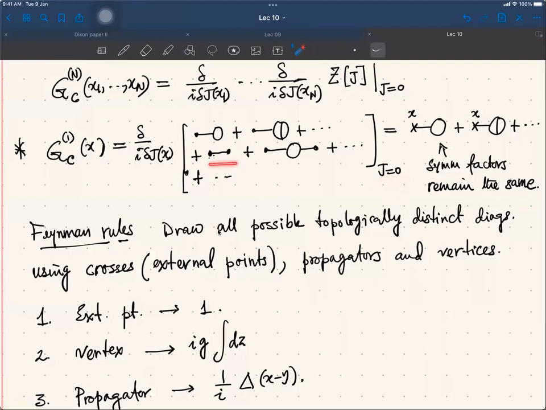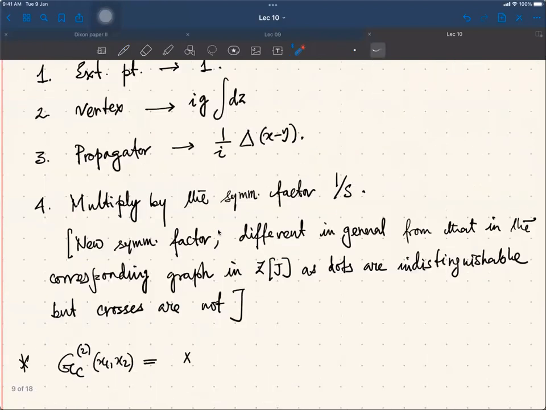So it will only come from quadratic in j terms, which is the second line here, and then it's just converting those dots into crosses. That's the only difference.